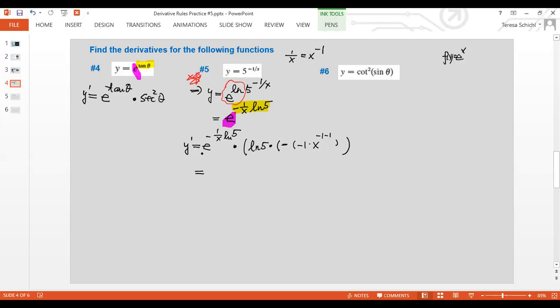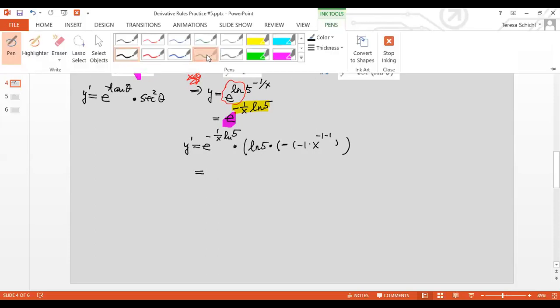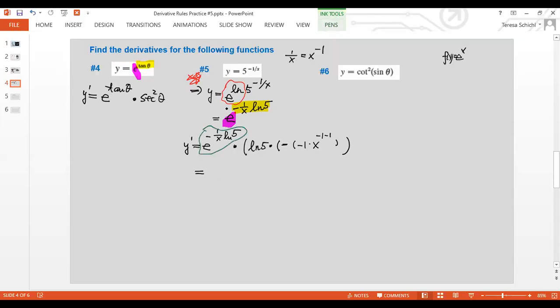The first term is just my original term, so it will be phi to the negative 1 over x. And then negative gives you plus, times the natural log of phi. Now this is x to the what? x squared.